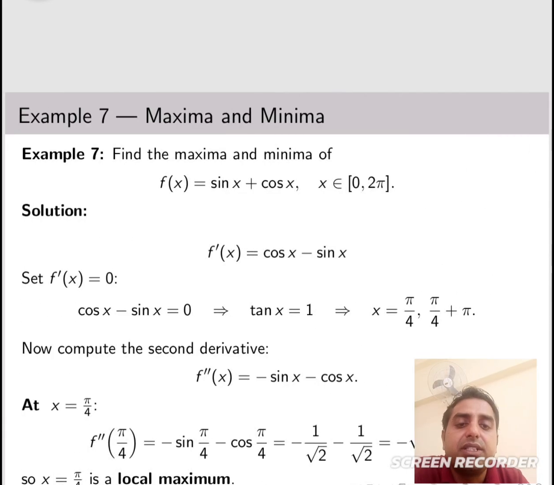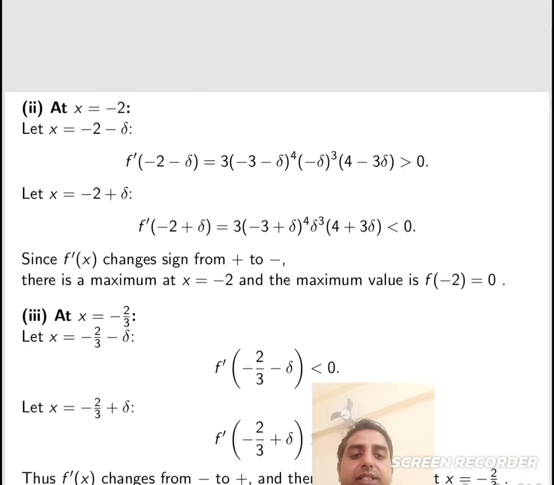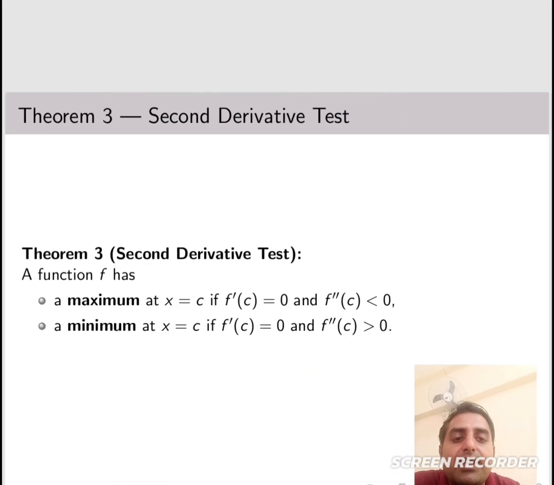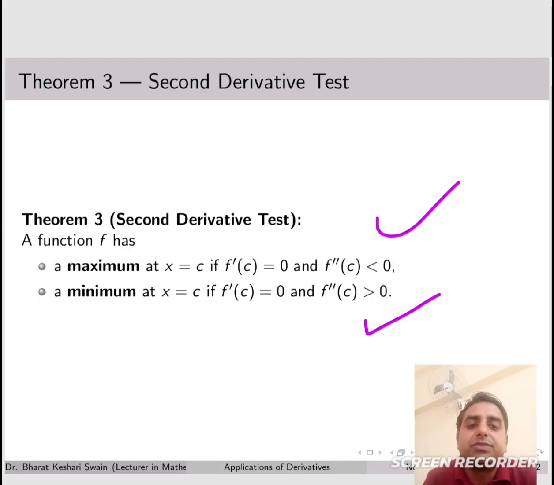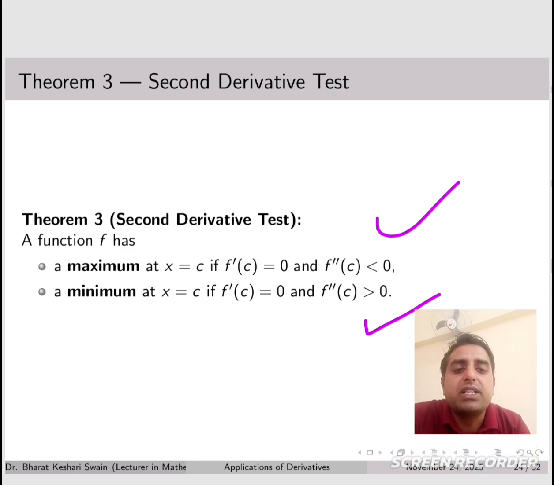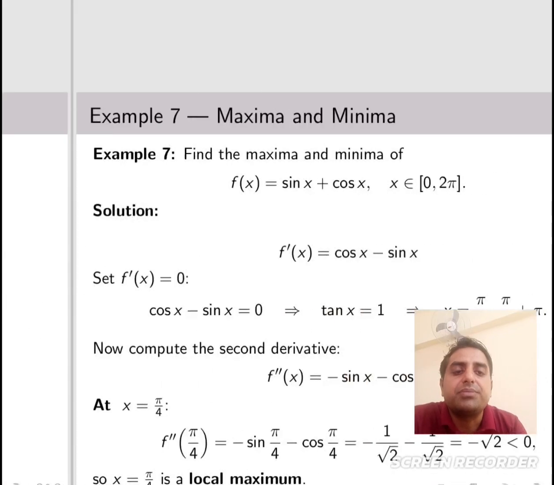At each point find f double dash c. If it is less than 0, then it has a maximum. If it is greater than 0, then it will be a minimum. And at that point, you can find the maximum value and minimum value. So this is about the second derivative test to find the maximum value or minimum value of the function.